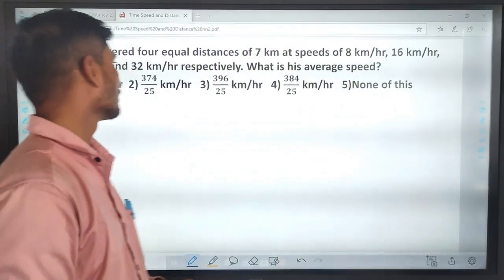Here the speeds are different but the covered distance is the same. Now here there are 4 speeds. The first speed is 8 km per hour, the second speed is 16 km per hour, the third speed is 24 km per hour, and the fourth speed is 32 km per hour.